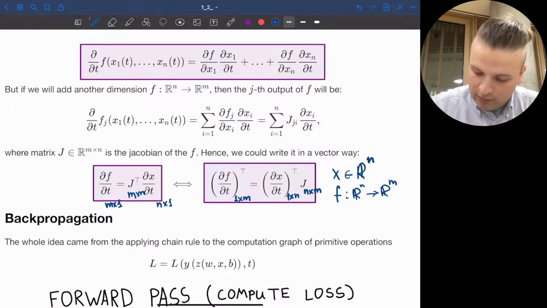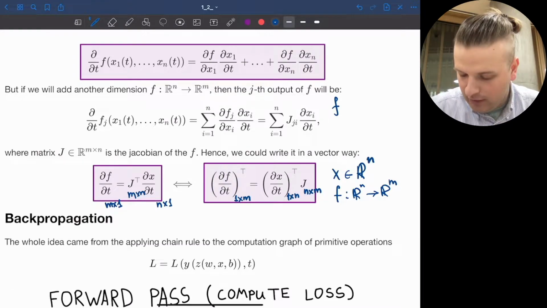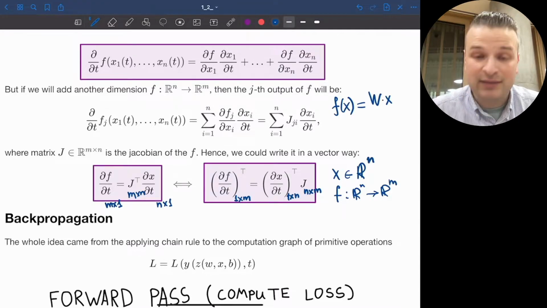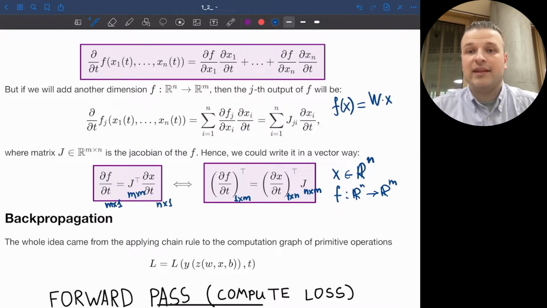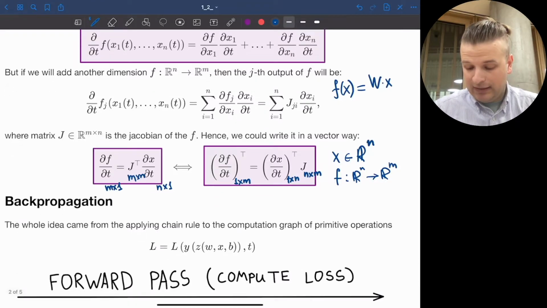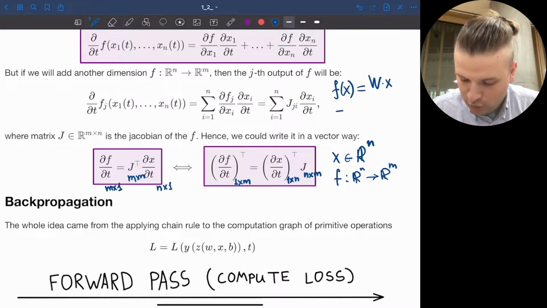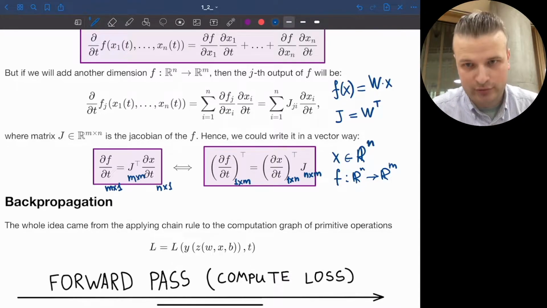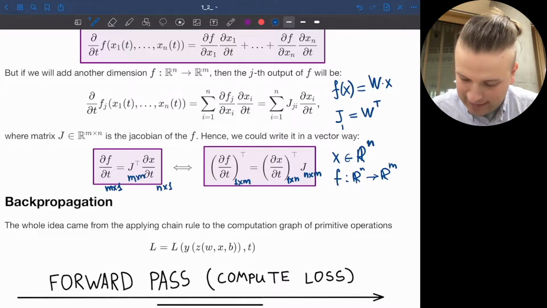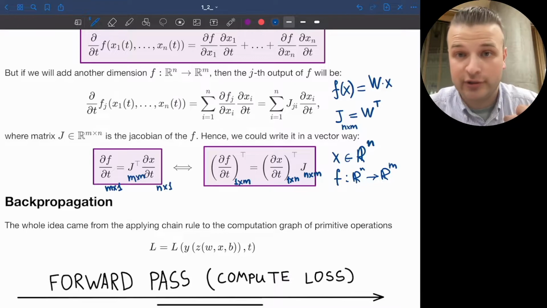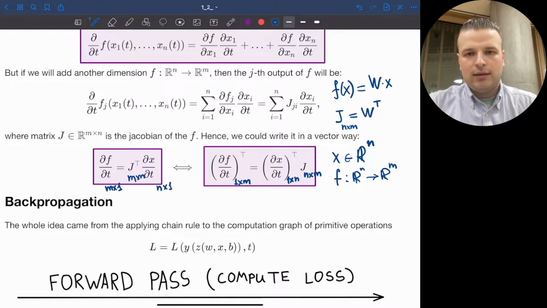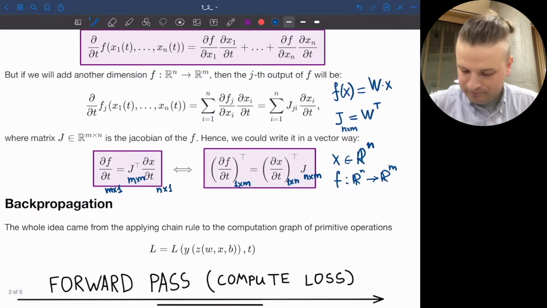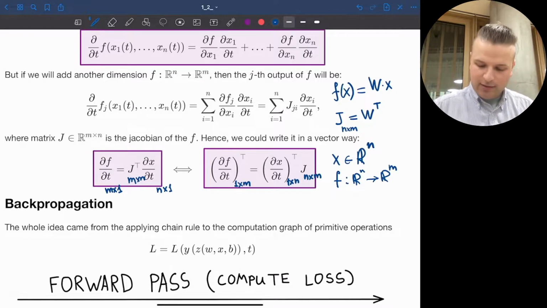For example, we could have this function f, which is w multiplied by x. That's an example here. And the Jacobian here is w transposed, right? Because the Jacobian should be of size n times m, according to our notation here. And that's it.